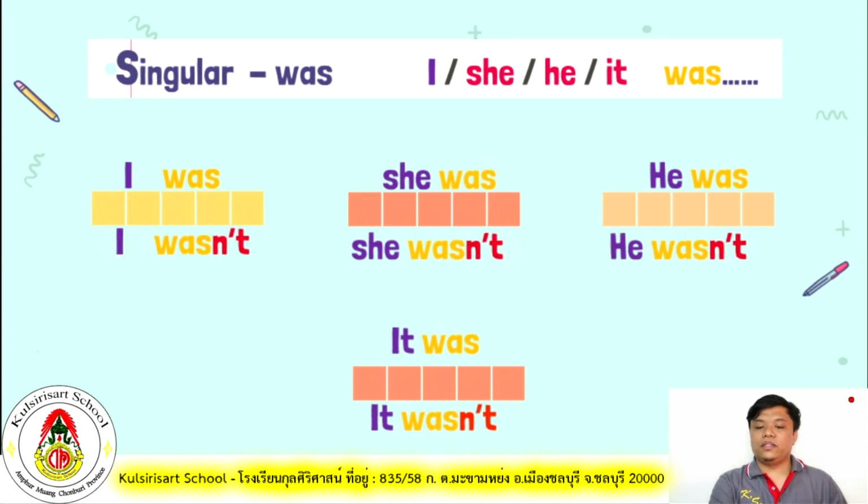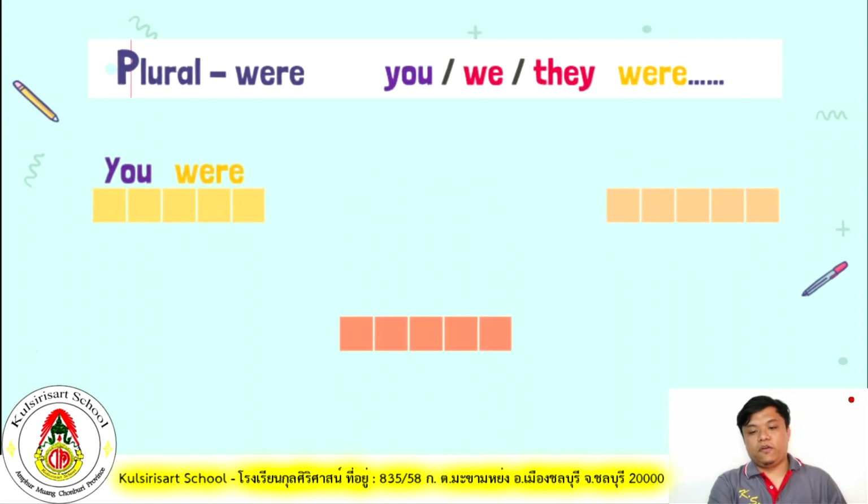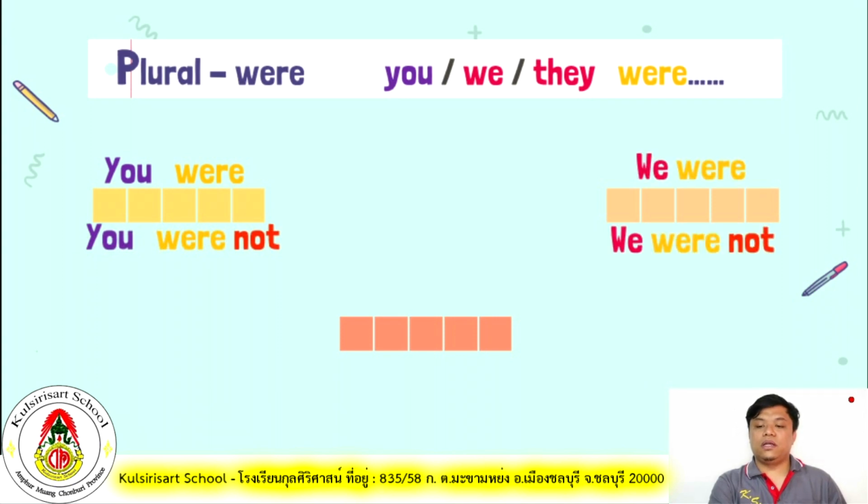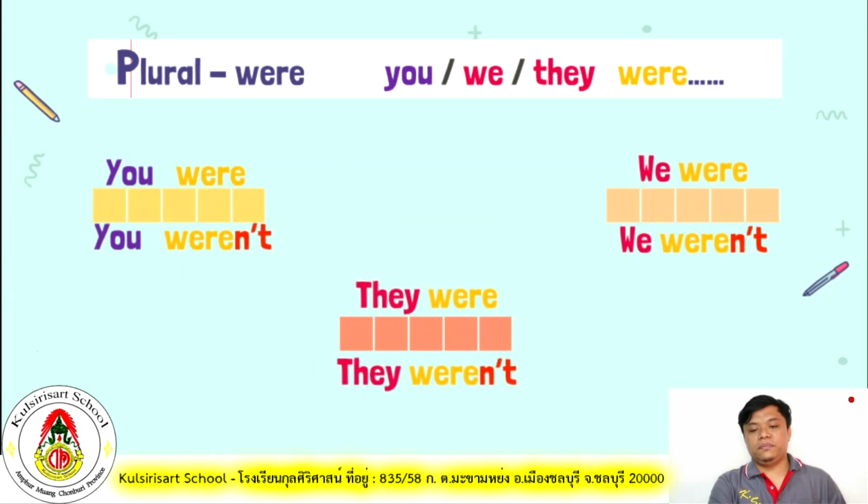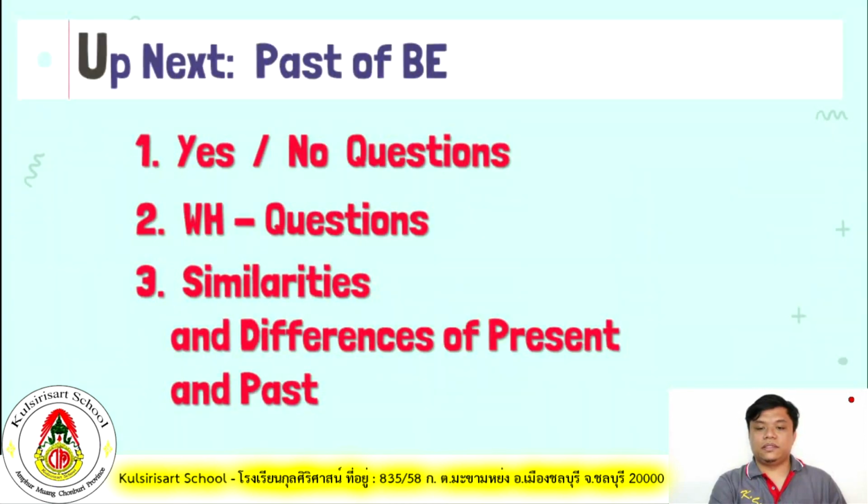But for the contracted form, we use I wasn't, she wasn't, he wasn't, it wasn't. For plural form, we will use you were not, we were not, they were not. For contracted form, you weren't, we weren't, and they weren't.